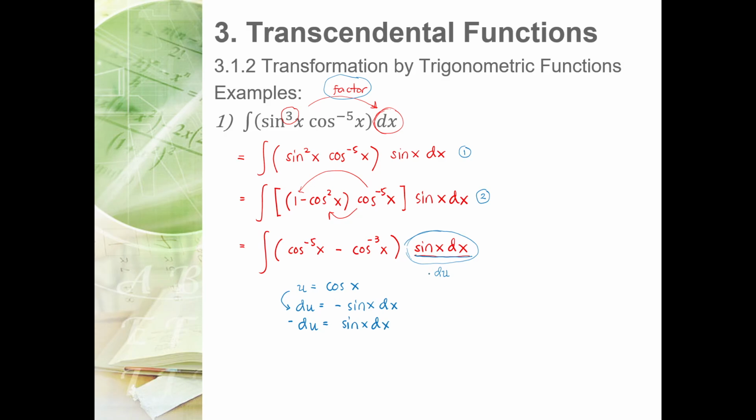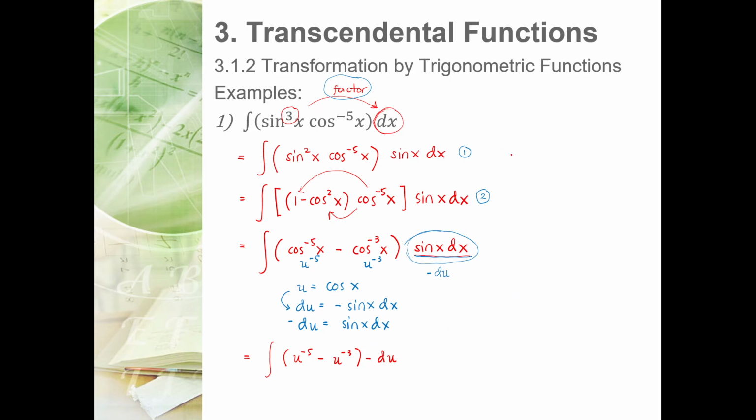Meaning this will be negative du, and then this will be u to the negative fifth, u to the negative third. By replacing each term, we now have u to the negative fifth minus u to the negative third, negative du.